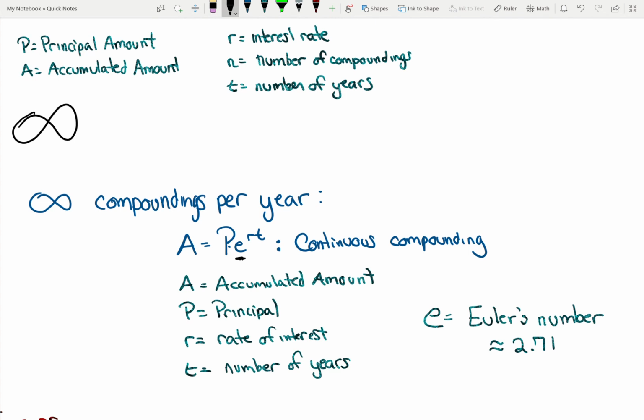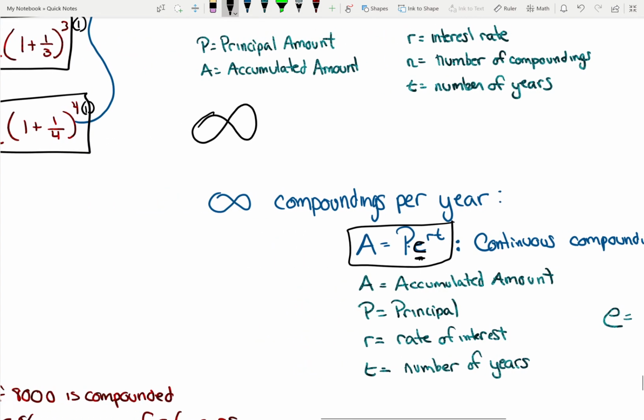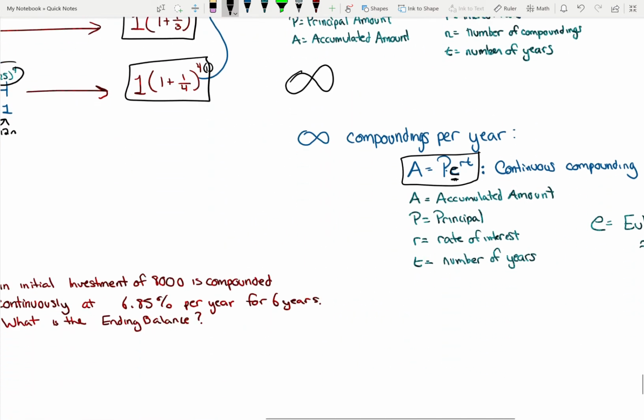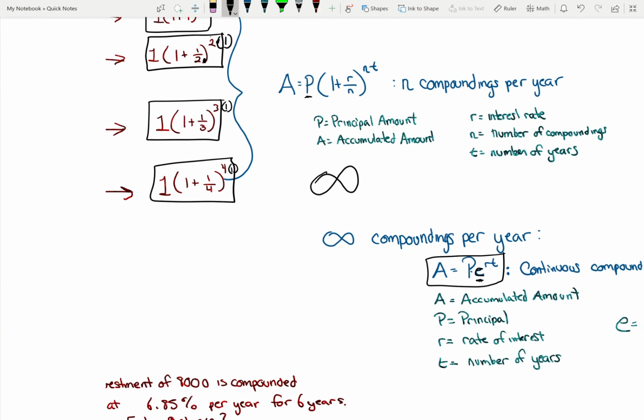It's a really weird number, and because we don't go over any limits in this class, I can't really show you guys where this number came from, but just trust me, as we go towards an infinite number of compoundings per year, this is the formula that we'll use, and we'll start using this guy E. All right, so let's do a couple of examples. It's easier than it seems. As always, it's always easier than it seems, which is a good thing.